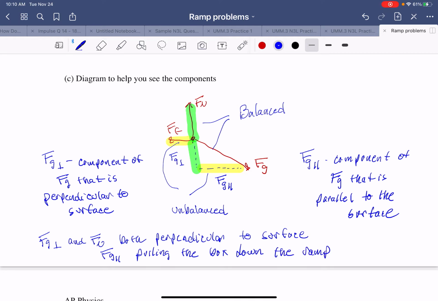If there was no friction, it'd be pulling it down more. Now that there is friction, it's not accelerating as much.